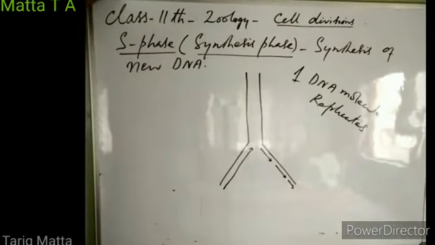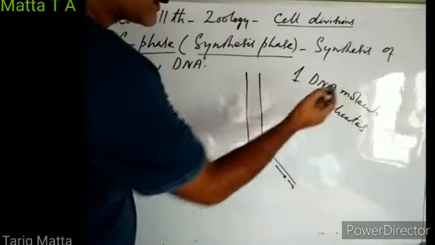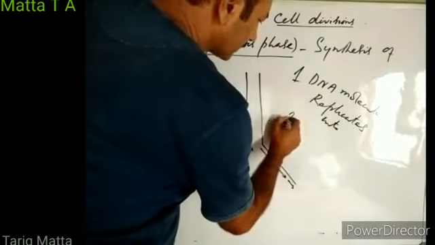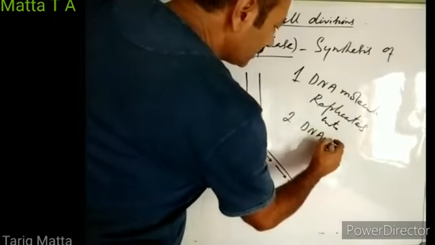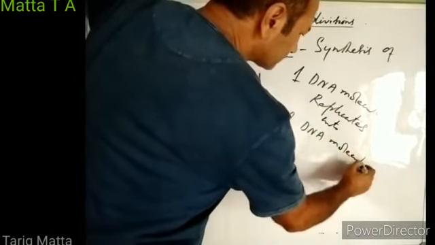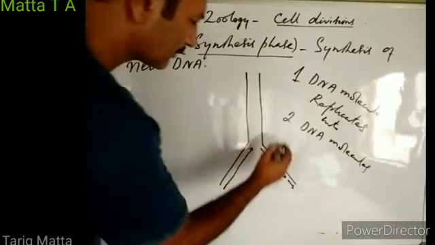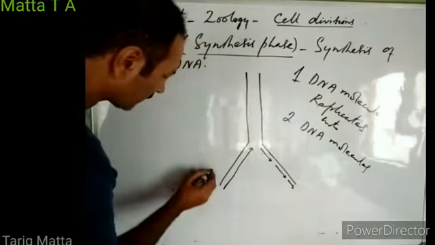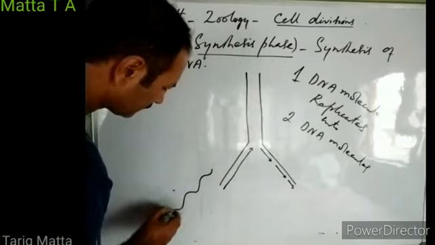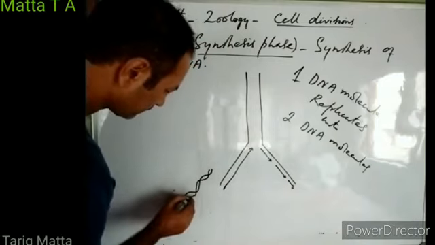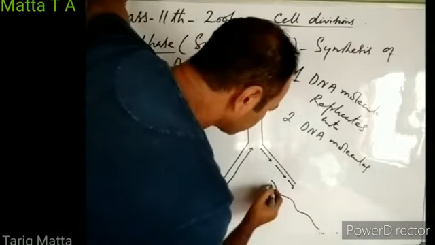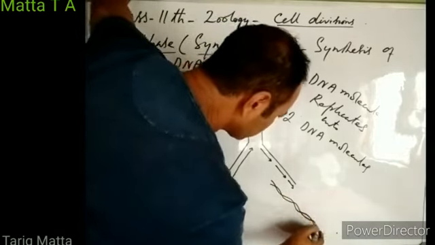How it replicates, what is the process? I'm not supposed to discuss that, right? So one DNA molecule replicates into two DNA molecules. So from a single DNA molecule, now two DNA molecules will be produced. This will be our one DNA molecule, and from here another DNA molecule, right?